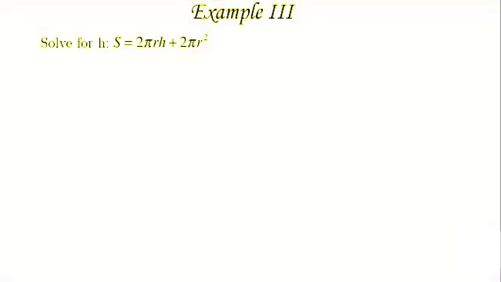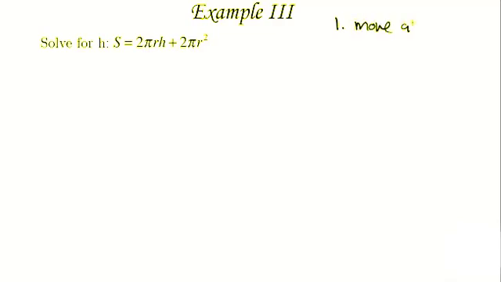In this example, I'm being asked to solve for h, and I actually recognize this as the formula for the surface area of a cylinder. S equals 2 pi rh plus 2 pi r squared. Remember that when I'm solving for a particular variable, I want to get that variable isolated or moved over to one side.